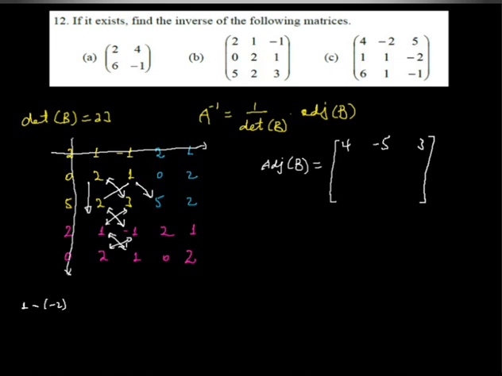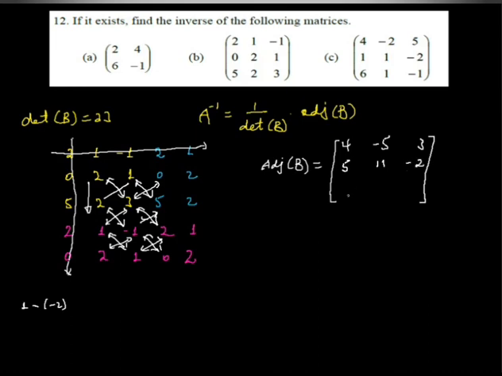1 times 5 is 5 minus 3 times 0 is 0, 5 minus 0 is 5. Okay, this is 5. Then 3 times 2 is 6 minus 1 times 5 is minus 5, 6 minus of minus 5 is 11. Okay, this becomes 11. Then minus 1 times 0 is 0, 0 minus 2 is minus 2.